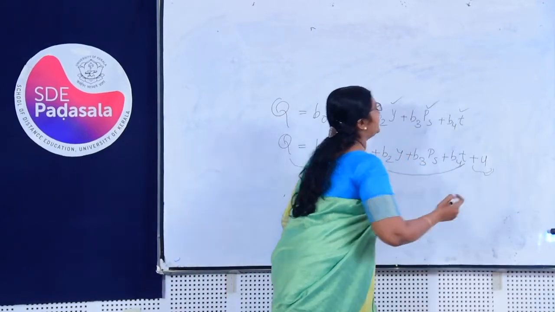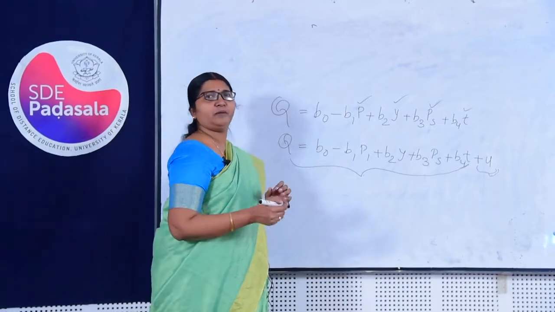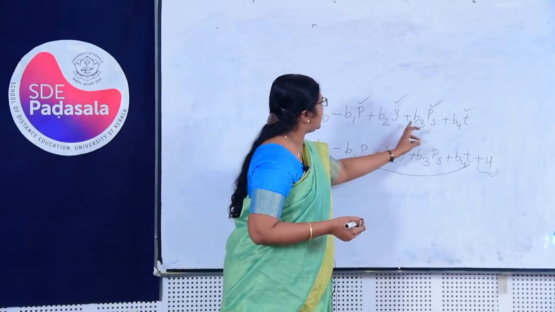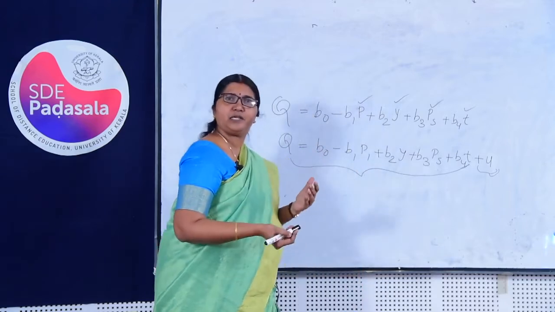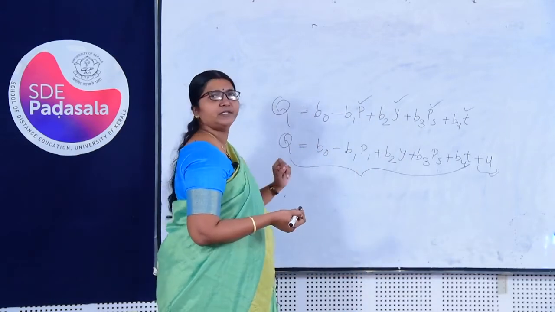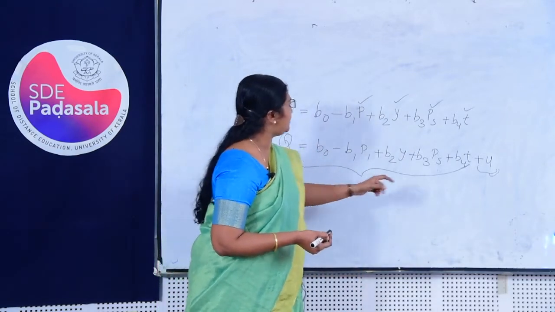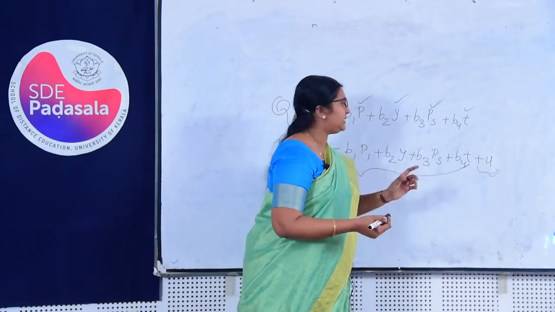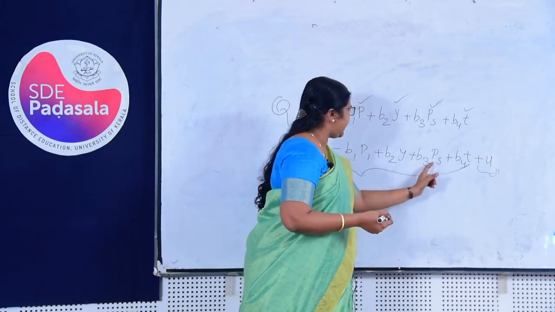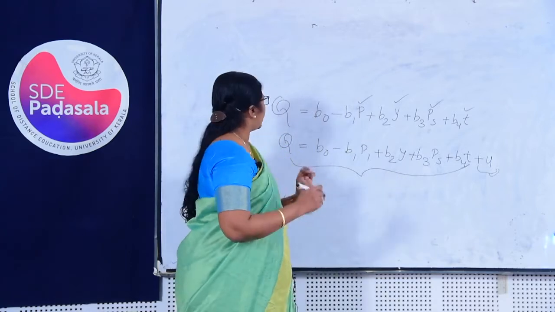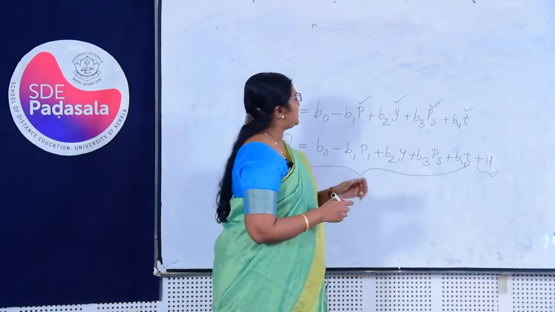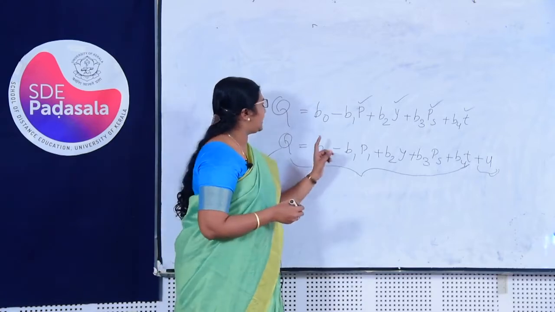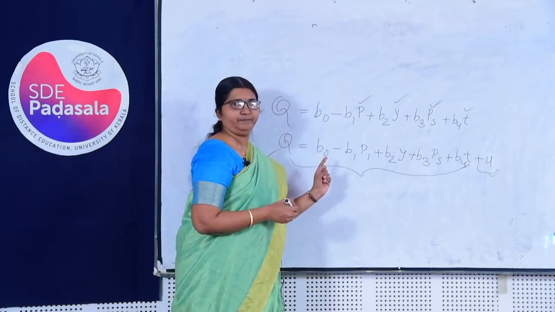This is the most important advantage of the econometric model, because from real world experience we know that apart from these independent variables, there are a large number of factors which can influence quantity demanded. So, in the econometric model, we are incorporating that also. U stands for all factors other than the independent variables specified here which can influence Q. So, econometric model is different from mathematical model.